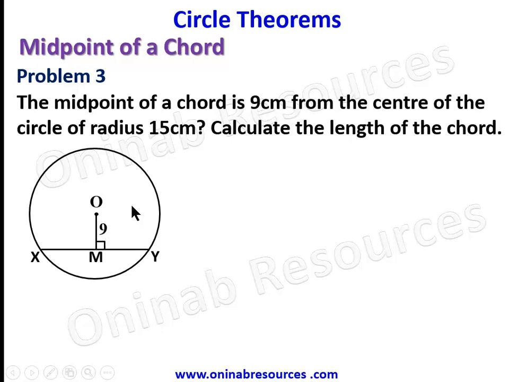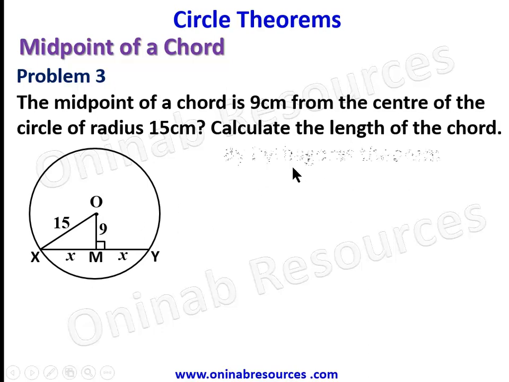So this is 9, and the radius is 15. So XM is equal to MY. We call it X here, and MY is X. So we find the value of X, and to get XY, we multiply the value of X by 2 to get the length of the chord.